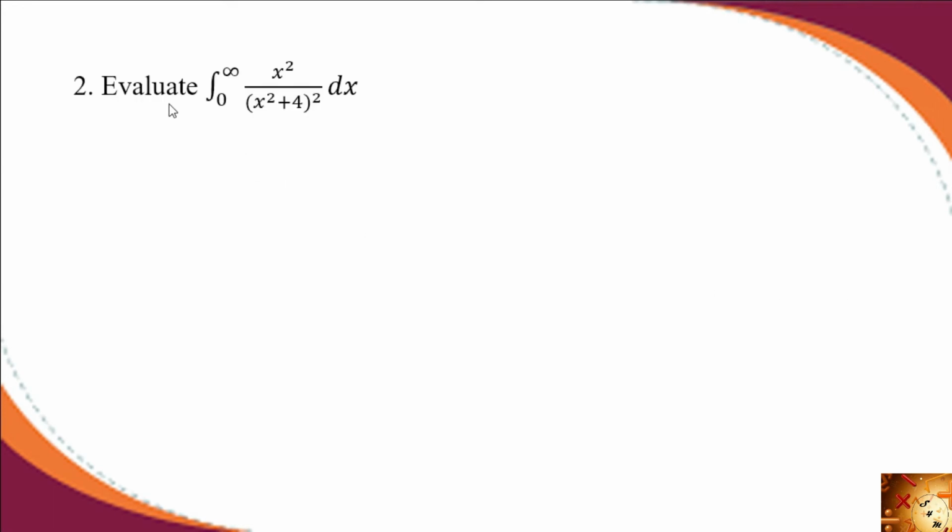Second problem, evaluate integral 0 to infinity x square divided by x square plus 4 the whole square dx. Here the function and integration is with respect to x, but here the limit is from 0 to infinity. Our type 2 is integral minus infinity to infinity. So we want to rewrite this integral with the limit of integration as minus infinity to infinity.